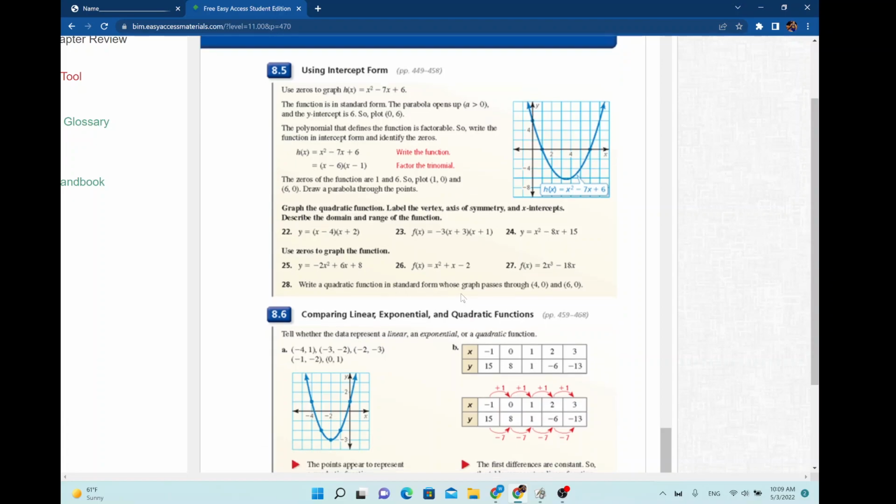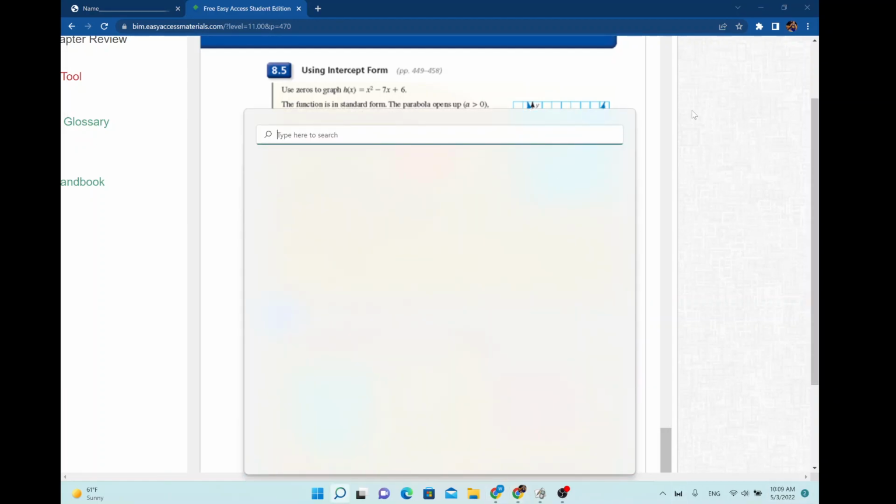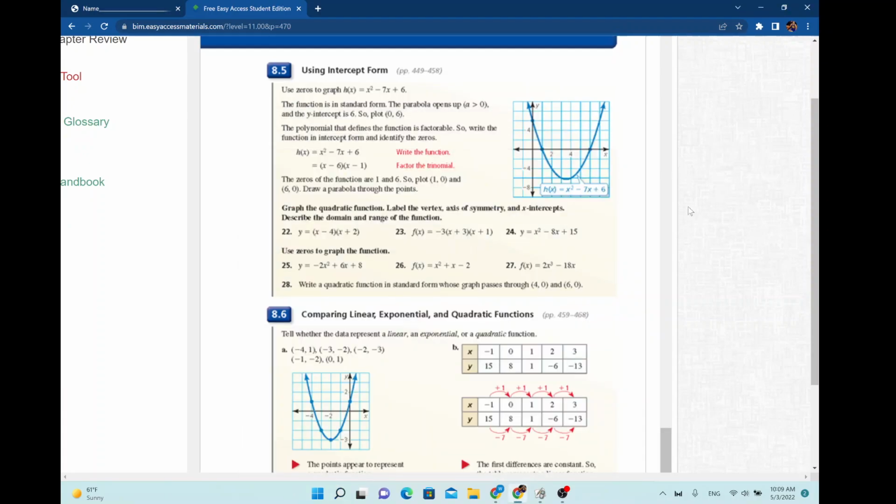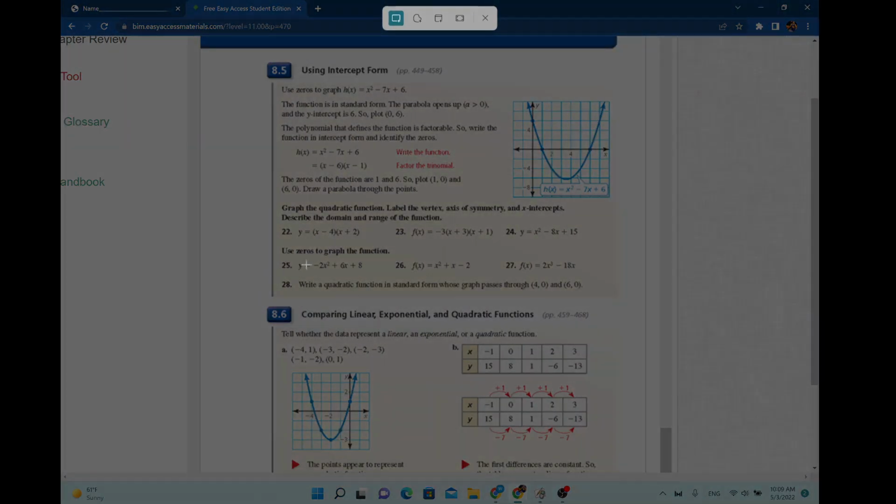Okay, so the final form that I would like to talk about for the quadratic function is the x-intercept form. Such as example 23. Okay, let's take a look at that.